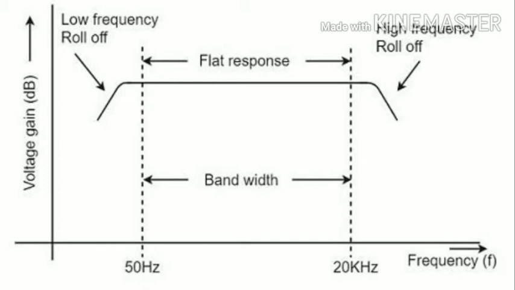High frequency. As shown in the above figure, it is clear that the voltage gain drops off at low frequency, that is below 50 Hz, and at high frequency, that is above 20 kHz, whereas it is uniform or constant over the mid frequency range, that is from 50 Hz to 20 kHz, and this mid frequency range we call the audio frequency range.